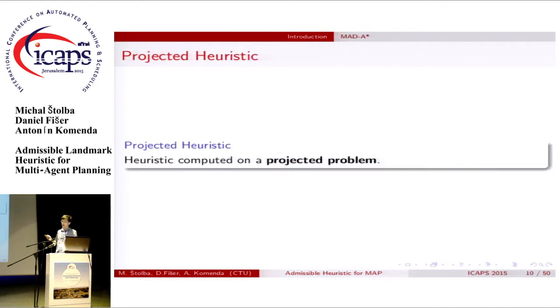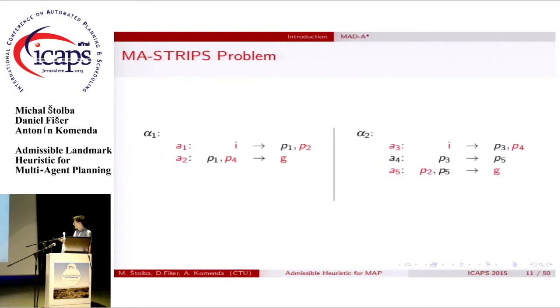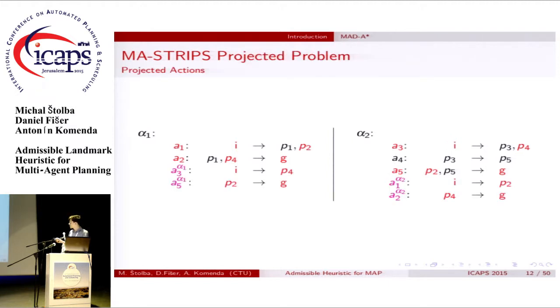And as I said, the original multi-agent distributed A* used a heuristic computed on a projected problem. So what is a projected problem? It is the problem, as we have seen, but the agents share their public actions. So each agent, for example, this action A3 is provided by this projected version, which is restricted just to the public facts.